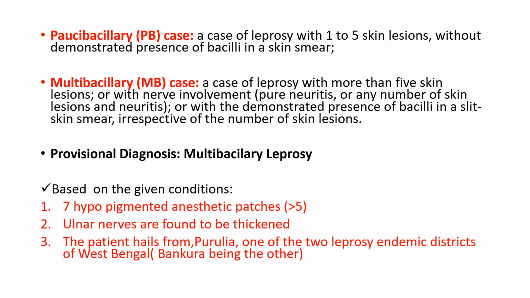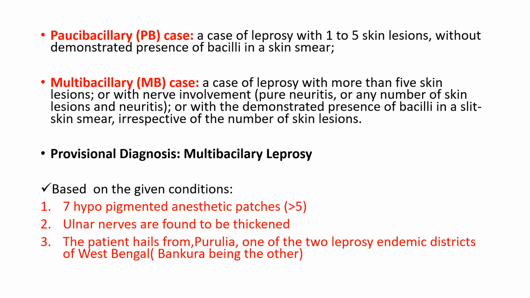In paucibacillary, the lesions vary between 1 to 5, without demonstrated presence of bacilli in a skin smear. But a multibacillary case is a case of leprosy with more than 5 skin lesions, or with nerve involvement, that is the pure neuritic variety, or with the demonstrated presence of bacilli in a slit skin smear, irrespective of the number of skin lesions.